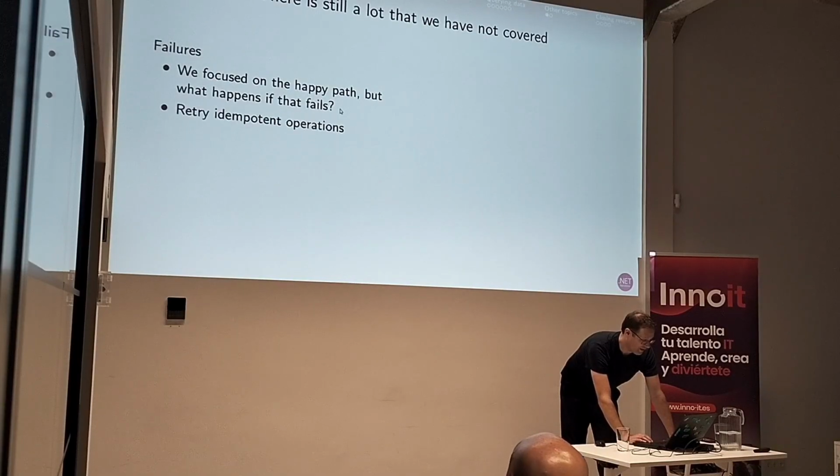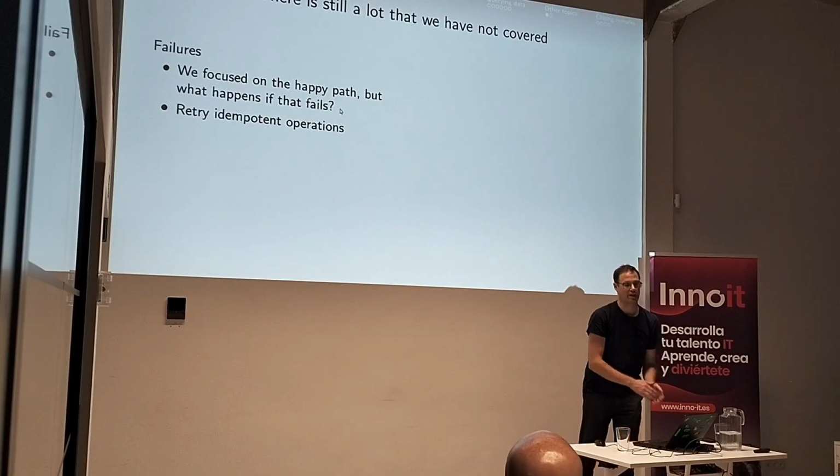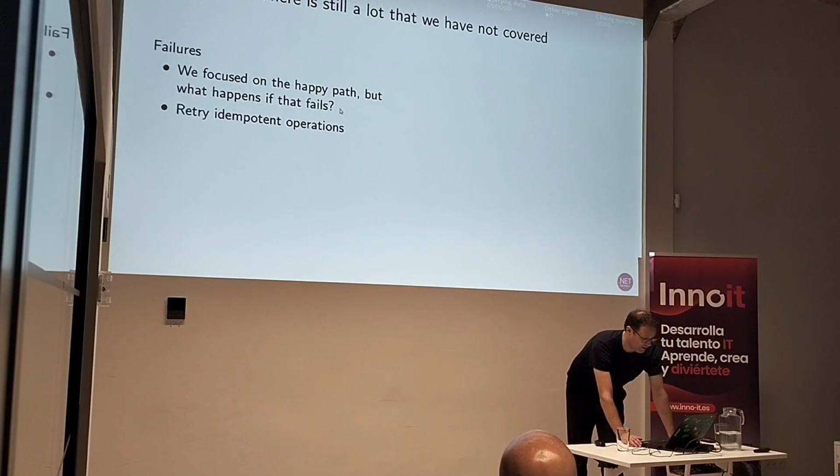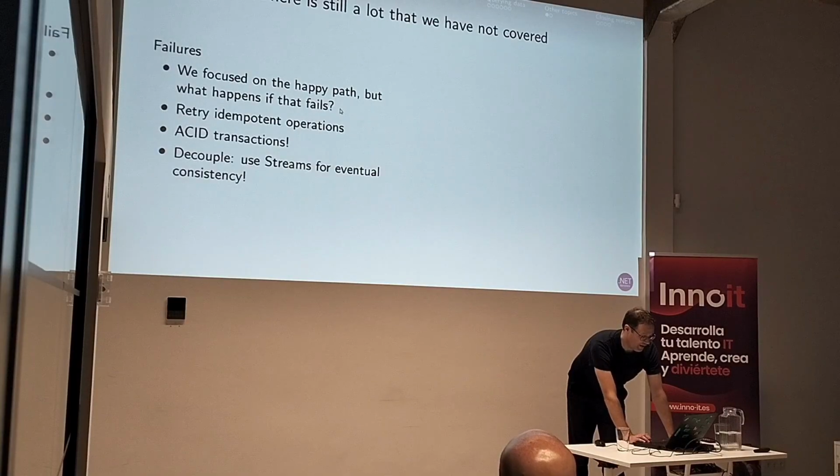So there are a number of strategies to deal with that. You can make your operations idempotent, meaning that you can execute them multiple times without problems, without causing data inconsistencies. There is full support for ACID transactions in the Orleans framework, and we can also decouple.